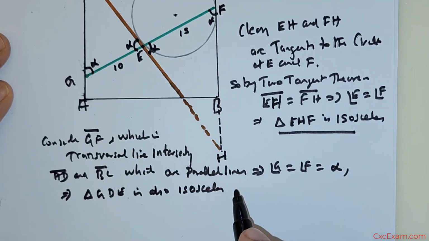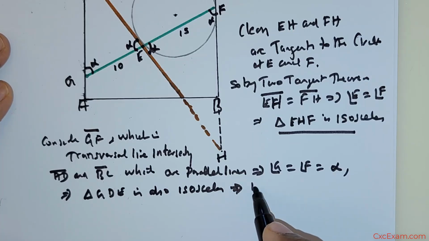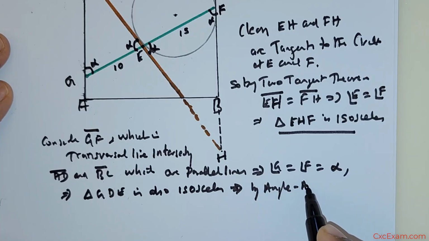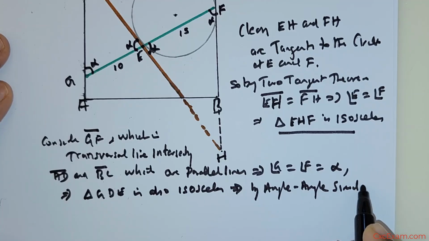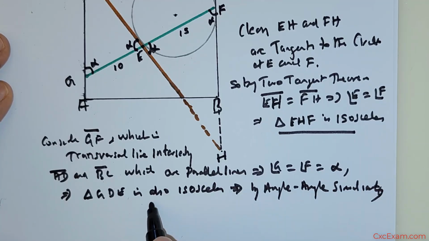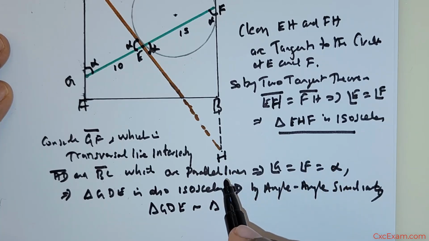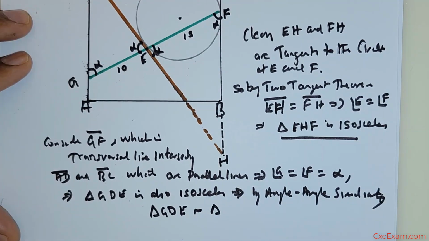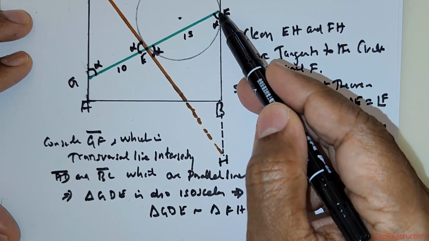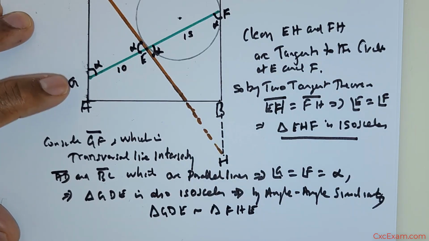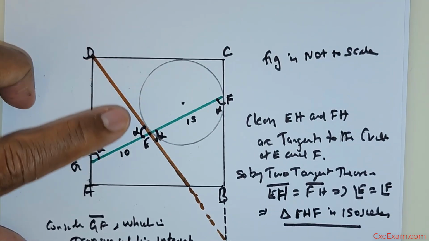Okay, so this in turn means by angle similarity we have triangle GDE is similar to triangle FHE. I'm going to write it in this fashion, I'm going to start from FHE and GDE.